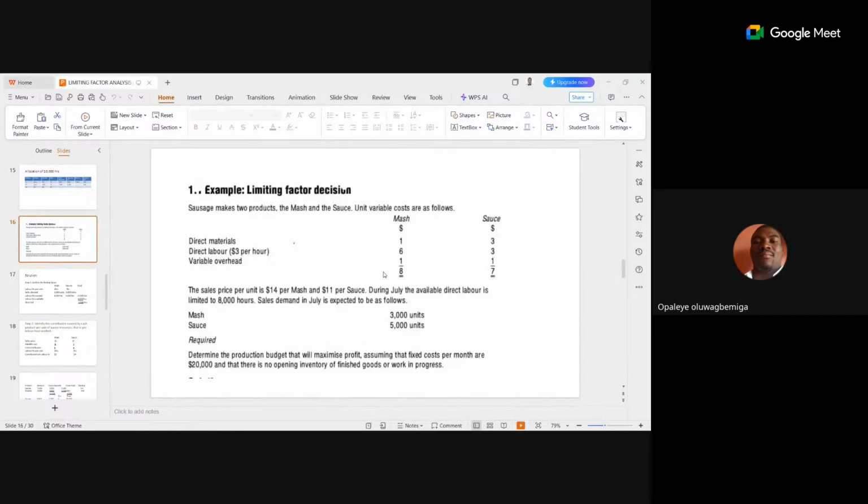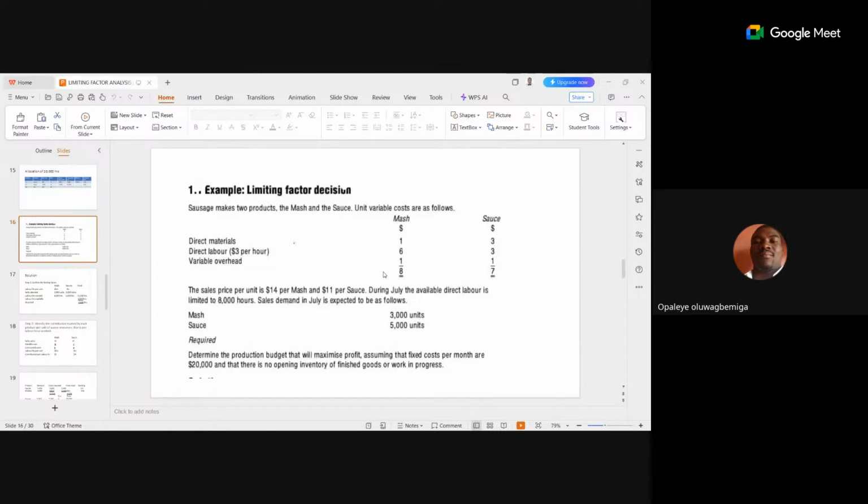Direct labour $3 per hour, $6 for mash, $3 for sauce. Variable overhead $1 for mash, $1 for sauce. Then the total is $8 and $7. The sales price per unit is $14 per mash and $11 per sauce.